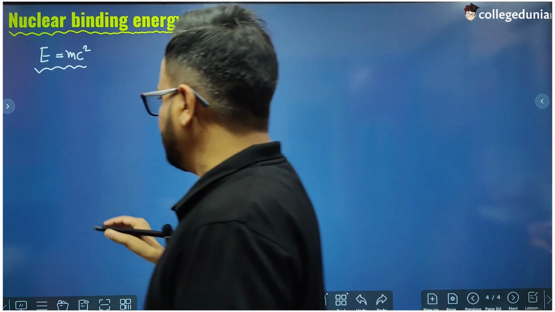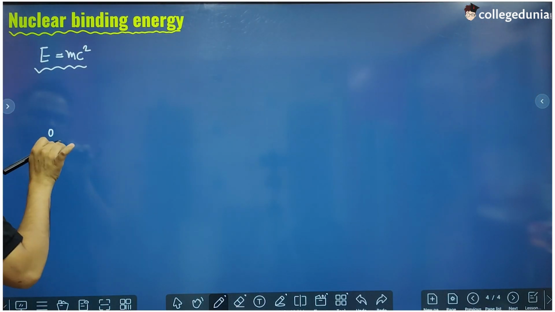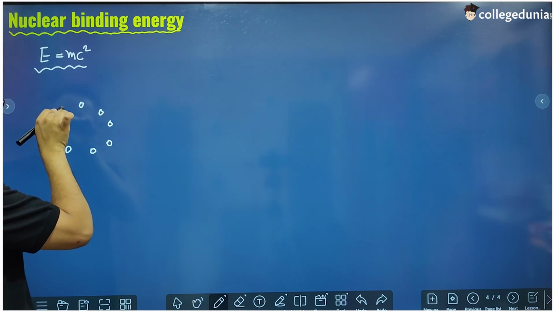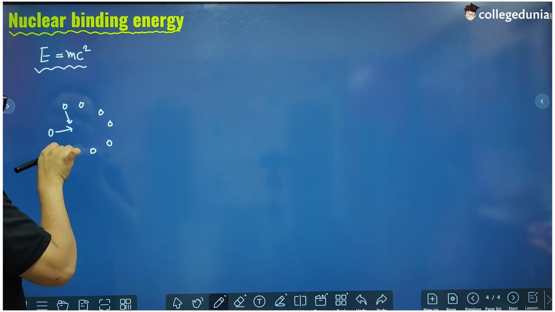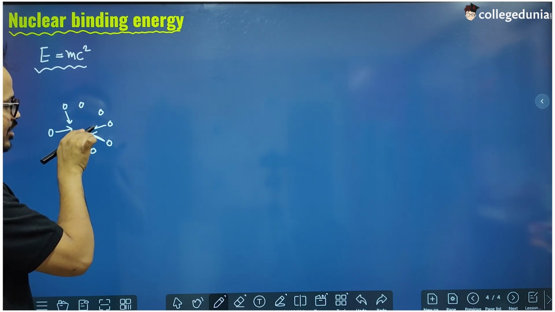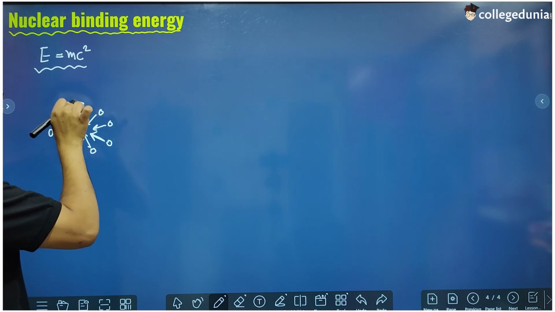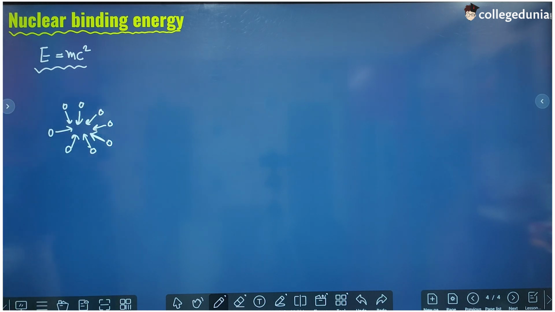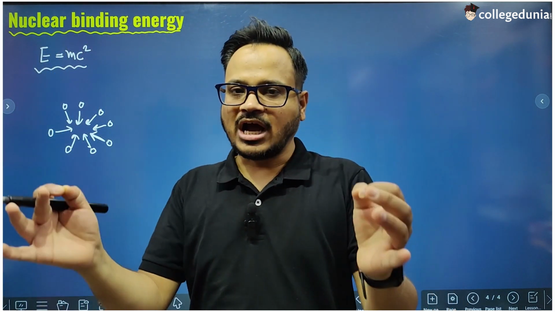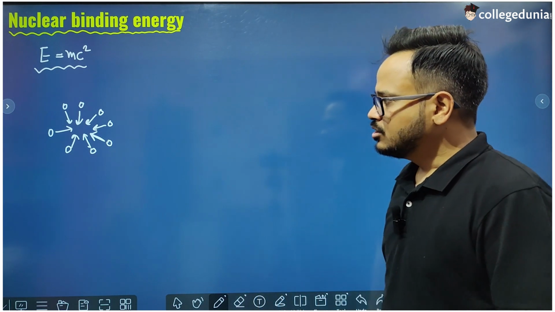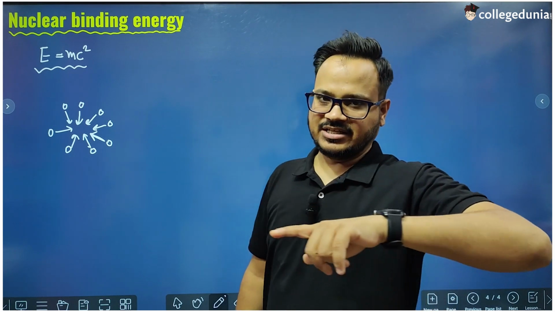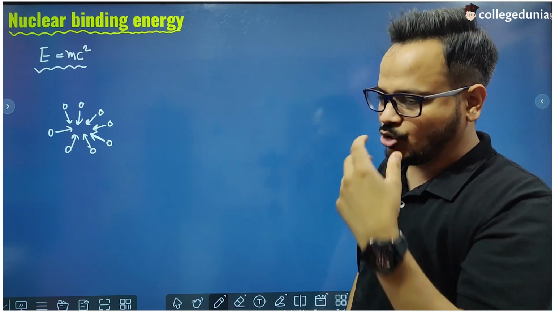What happens when the nucleons, protons and neutrons, come close towards each other to form a nucleus? So much energy is required, because the distance between these nucleons is very small in the nucleus, and to make these nucleons come to that small distance, so much energy is required, because these nucleons will repel each other initially, because protons are positively charged.